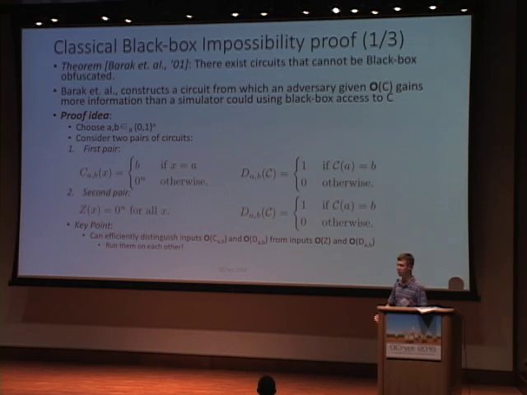Because notice that when I run D on C in the first case, I'm going to get 1, because C maps A to B.